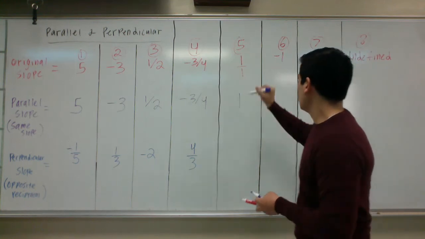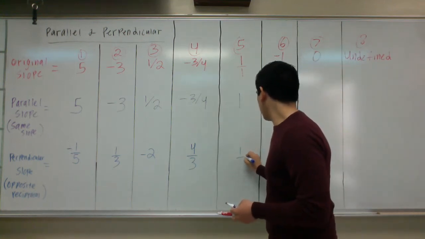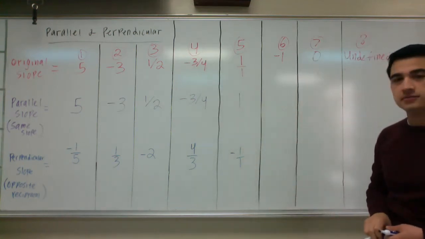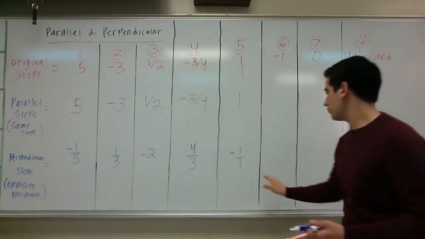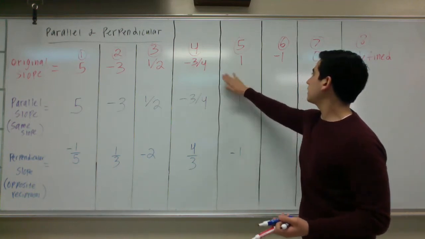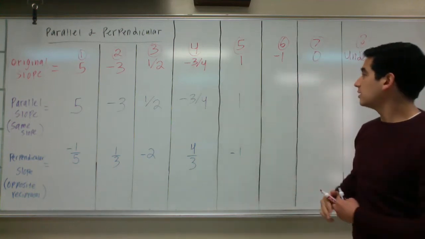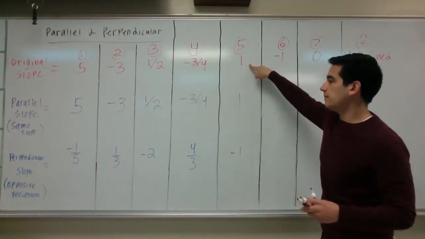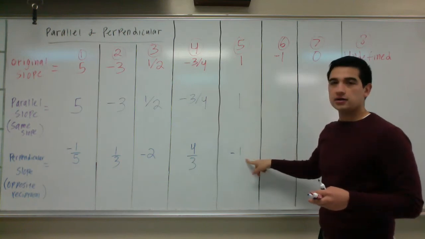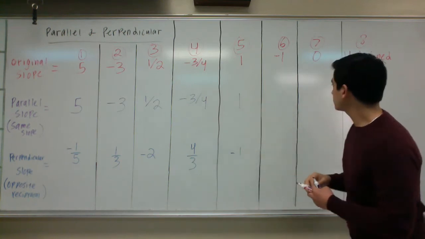Since this is positive, that's going to be a negative. I don't need to say over 1. So it's just negative 1. That's one of those special case type things. If your original slope is 1, parallel is 1, obviously. Perpendicular, negative 1. That's it.